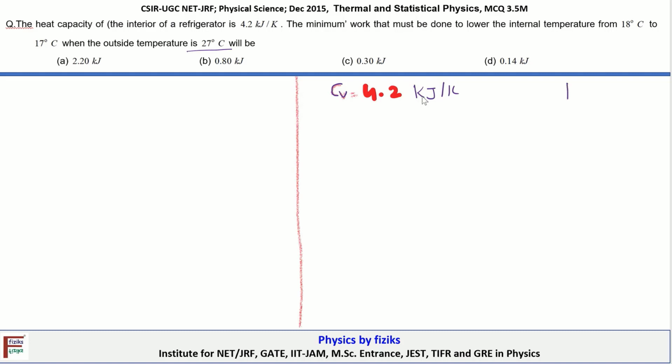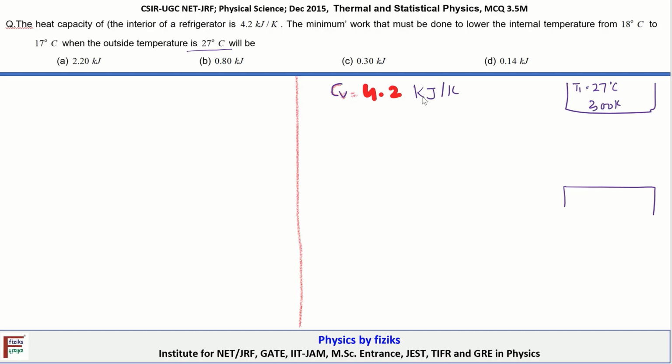So what we will do is we will draw the schematic diagram and then it will be easy to grasp the problem. So here, this is the high temperature reservoir and this is at 27 degrees Celsius. We call this T1, which is equal to 27 degrees Celsius, and in Kelvin this is 300 Kelvin.